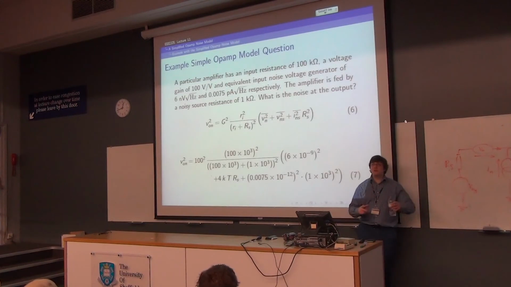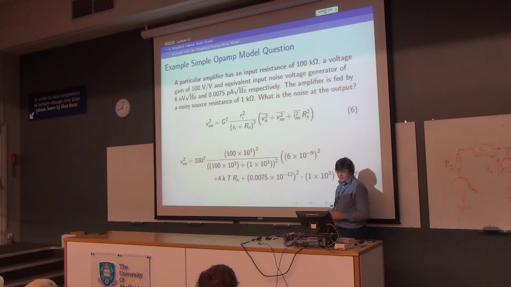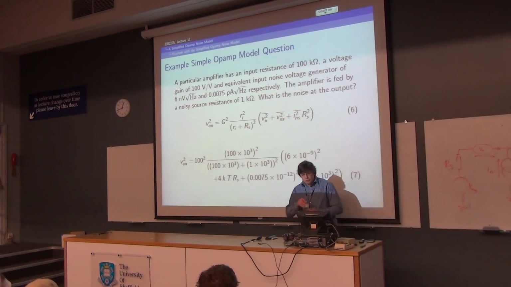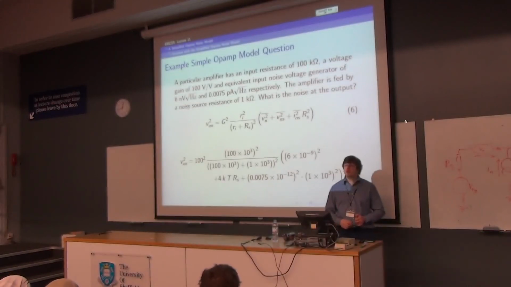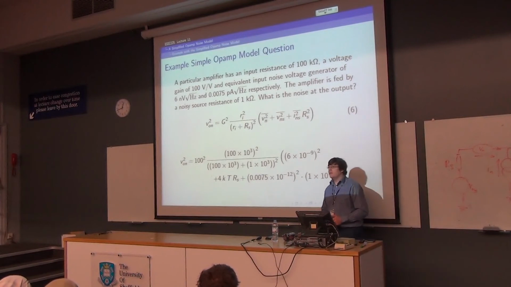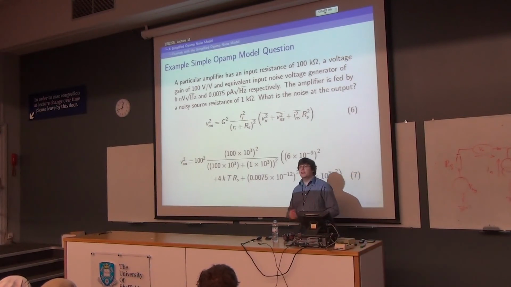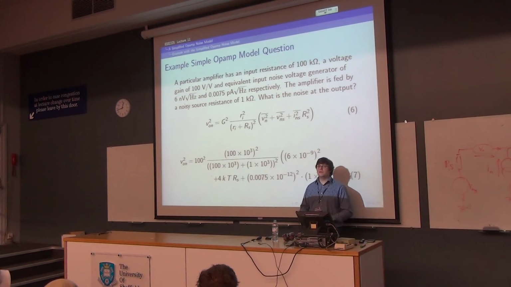So we need to make the two models go together. And we do that by making sure our resistor choices are cunning. That's all it takes. When you buy an op-amp, they don't give you IN plus and IN minus. They give you IN and the VN as well.